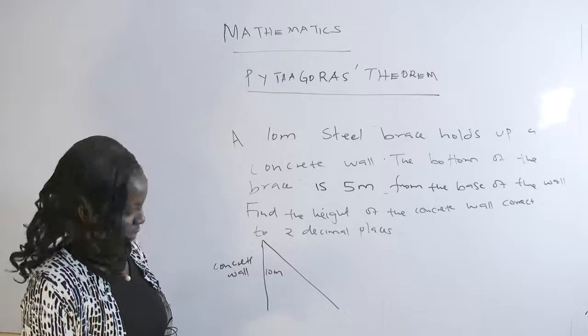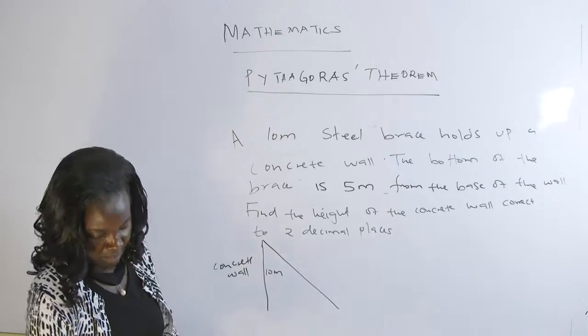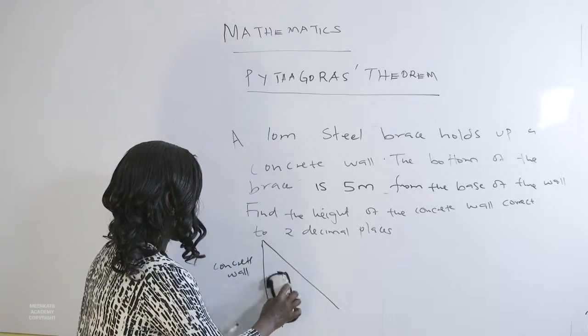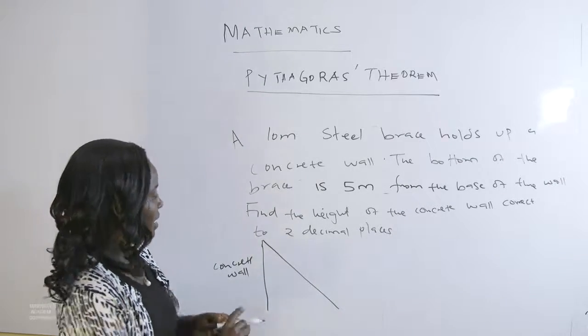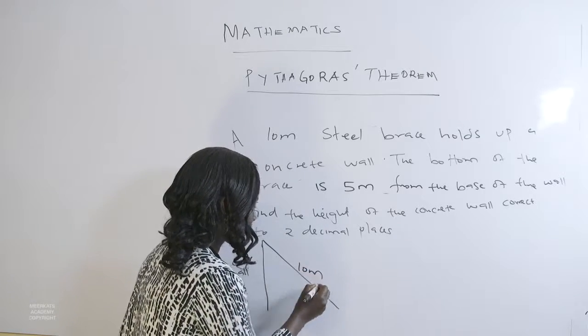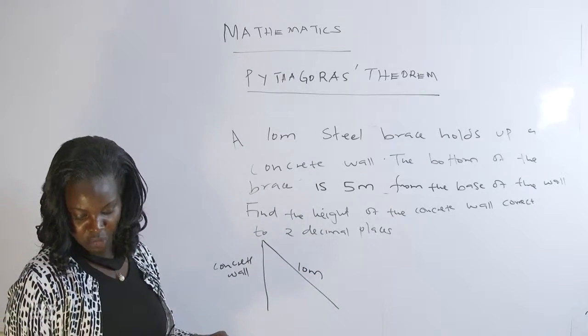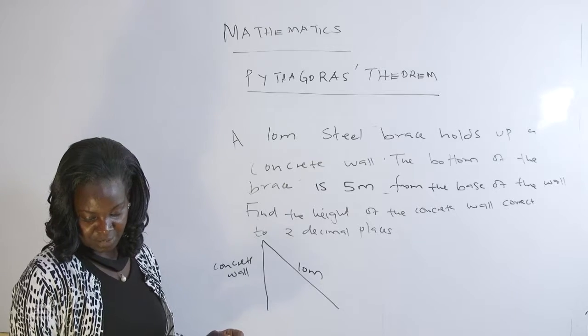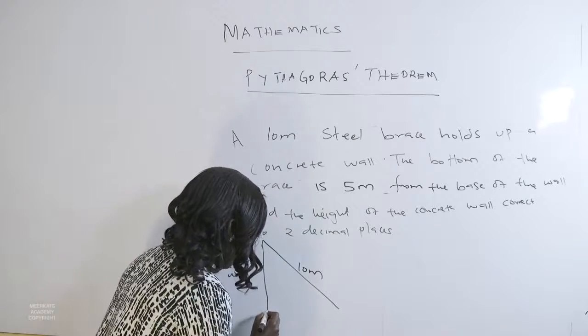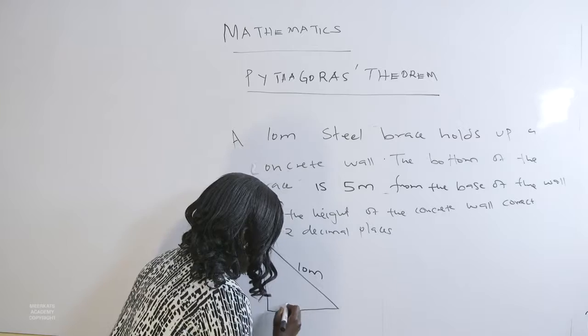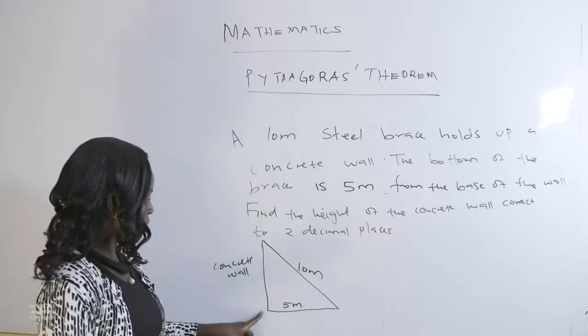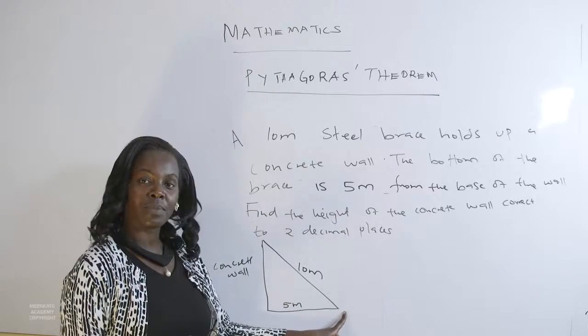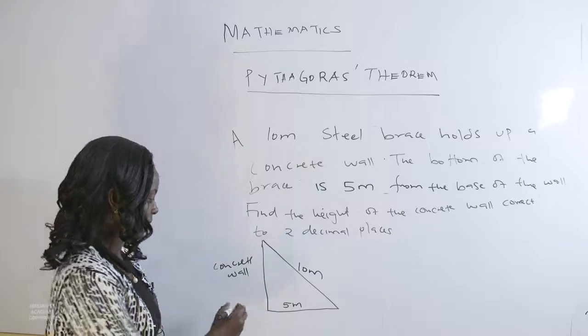Note this is the length of the brace. The brace is 10 meters. Then the bottom of the brace is 5 meters from the base of the wall. From the wall to the bottom of the brace, it is 5 meters.